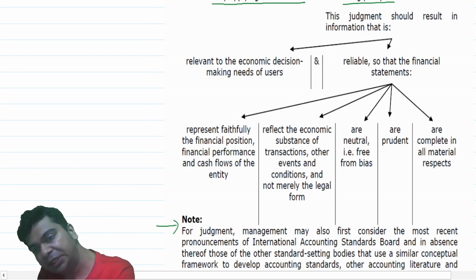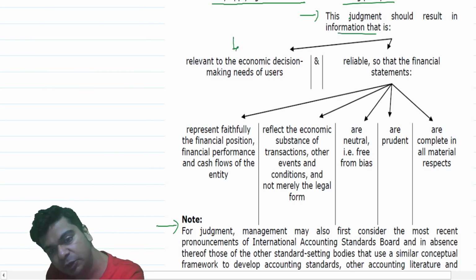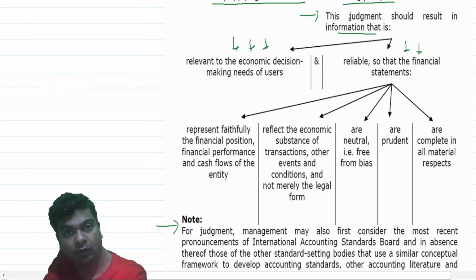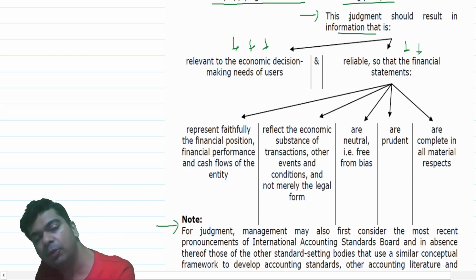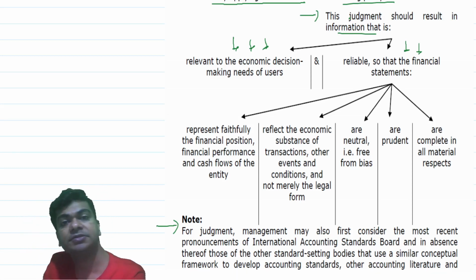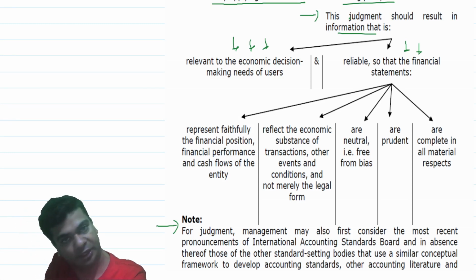They say the judgment, right? I'm reading from here. This judgment should result in information that is relevant to the economic decision making of the users and reliable, right? The judgment applied by the management in selection of an accounting policy should be such that it does not adversely affect the decision-making capacity of the end users of the financial statements.